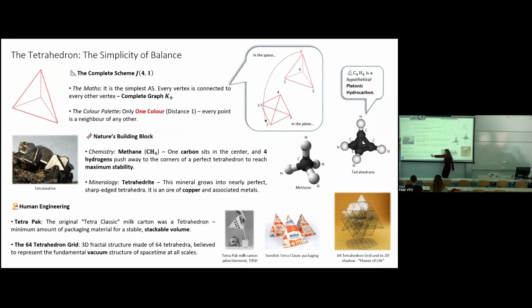This is synonymous with efficiency: minimum amount of packaging, so zero waste of packaging material, for strong resistance, let's say. Also in methane or tetrahydrate, you can meet this kind of shape.